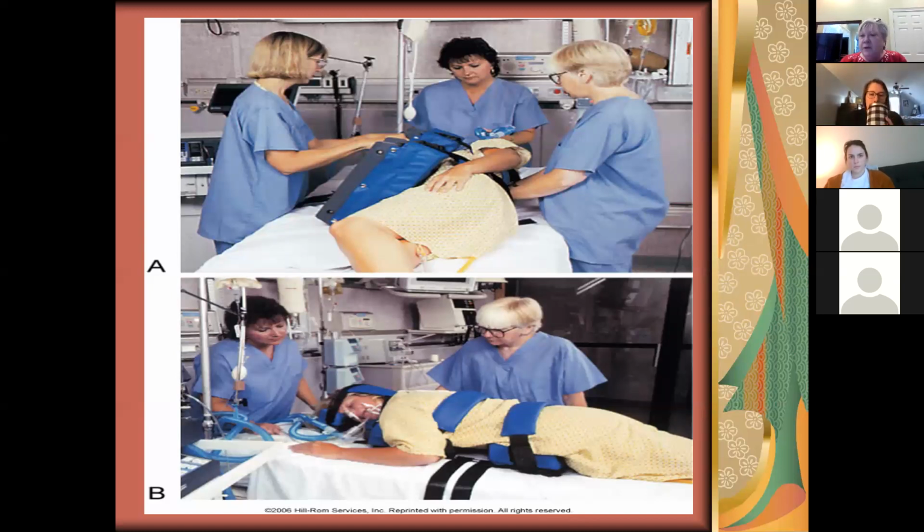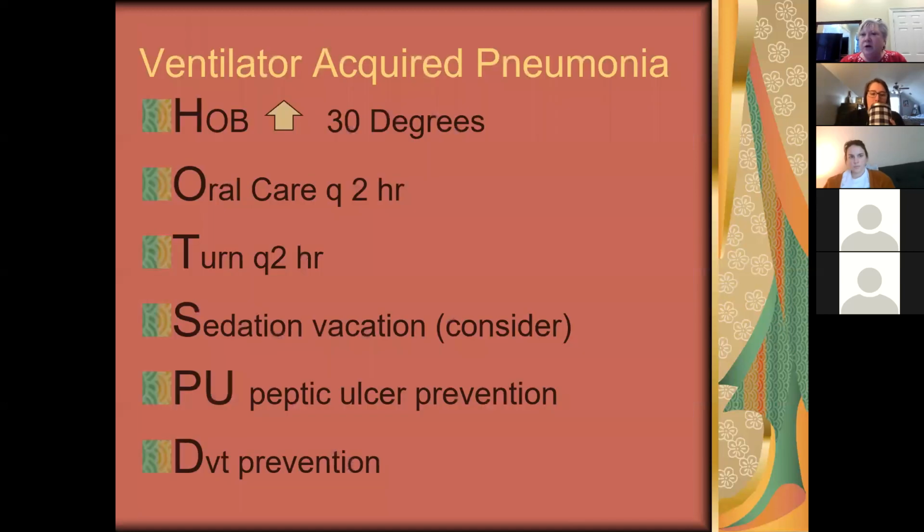Okay, and then we want to prevent ventilator-acquired pneumonia, abbreviated VAP. We use the abbreviation HOT SPUD. A student just called me after taking the NCLEX and said she had a question about HOT SPUD.